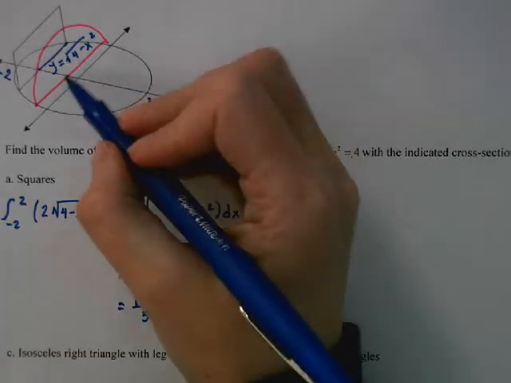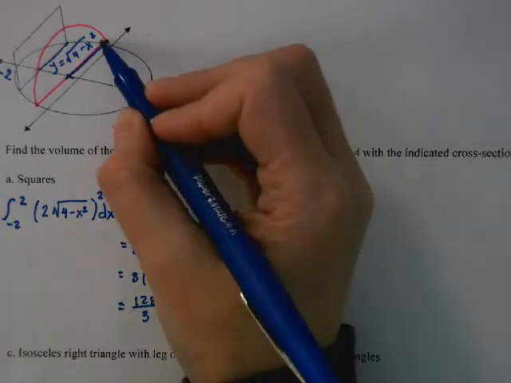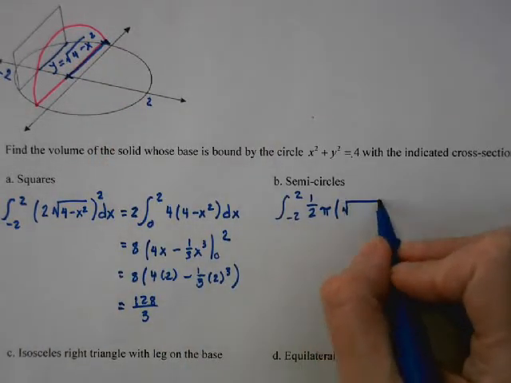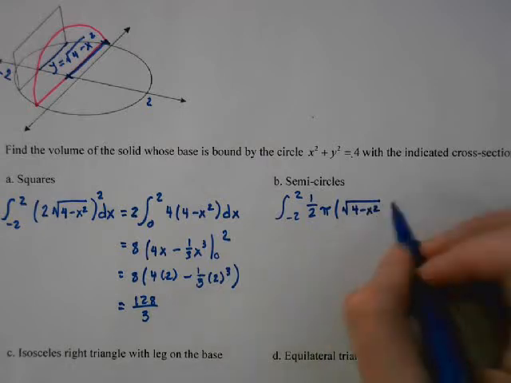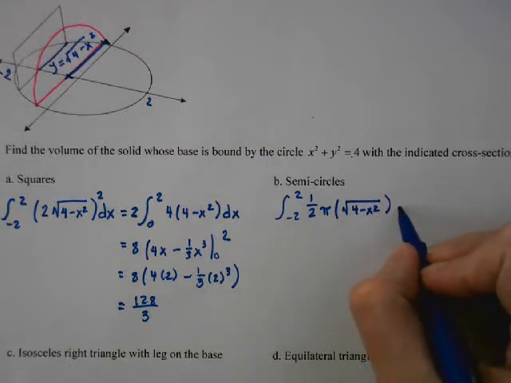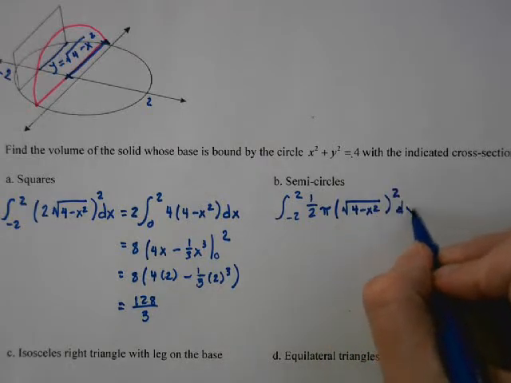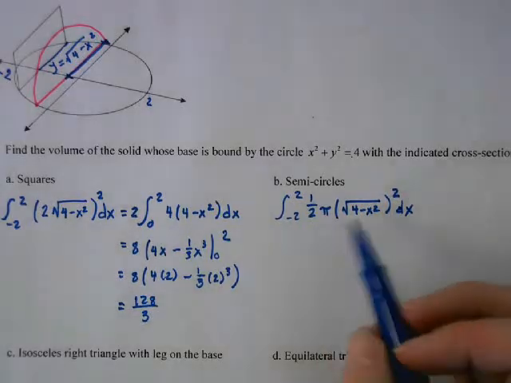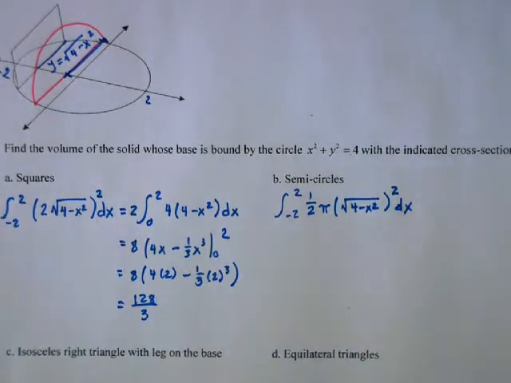So the radius is just going to be that distance here. So it's just going to be the square root of 4 minus x squared, squared. So half of a circle, 1/2 pi r squared.